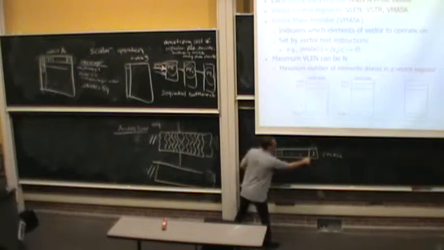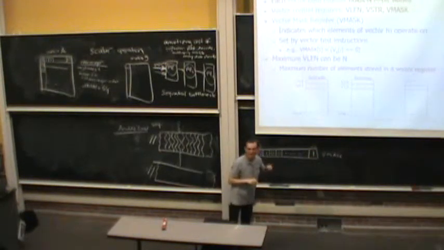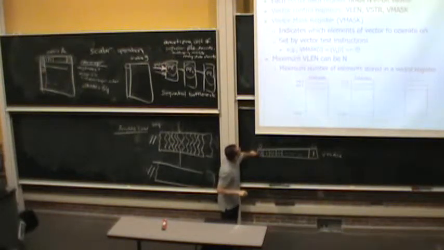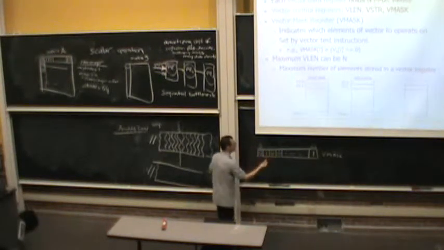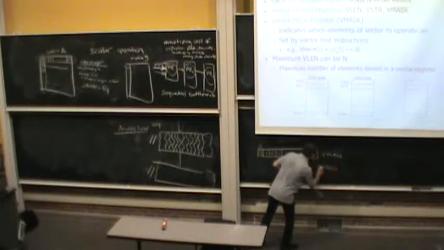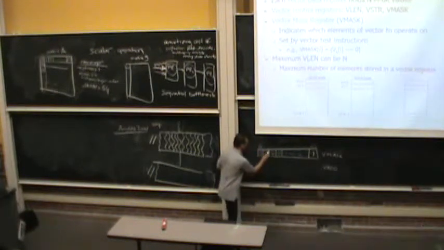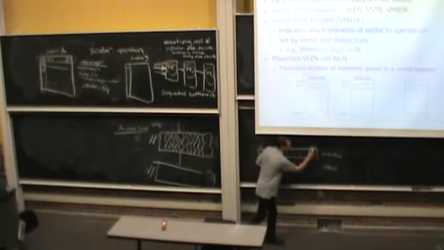When the 1 is set, that means that the comparison is true. Those elements are 1. Now, when you actually execute the next operation, let's say you do a vector add on a register, this vector add takes effect only if the mask bit is set.